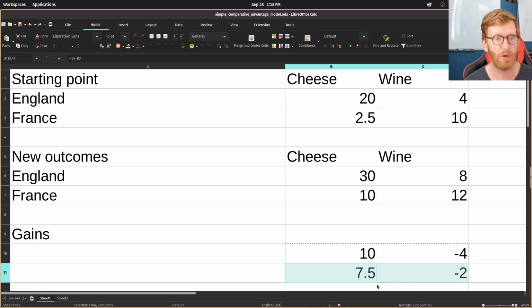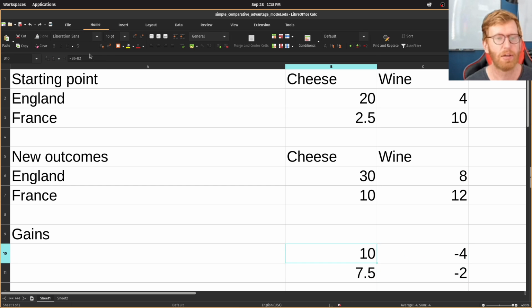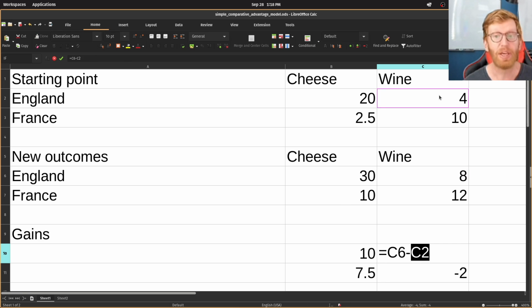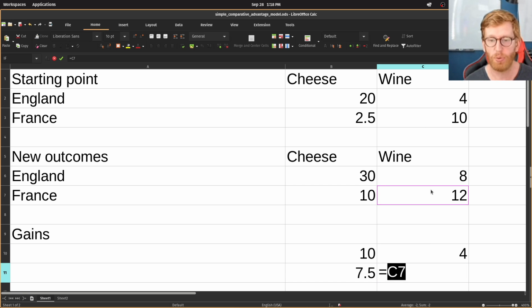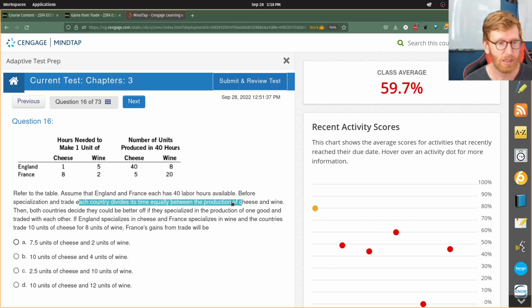That's going to be this one. Let's see, where did I get my negative sign? B6 minus B2. Okay, maybe I was right. Or new, that's right. I'm going the wrong direction through time. So we end up with 8 instead of 4, which means we gain 4. We end up with 12 instead of 10, which means we gain 2. So we have that answer.